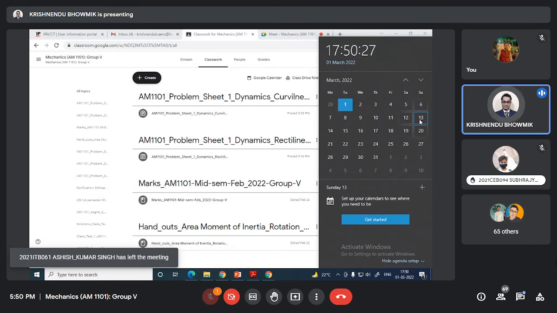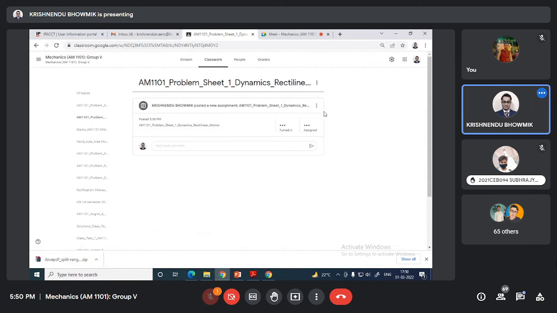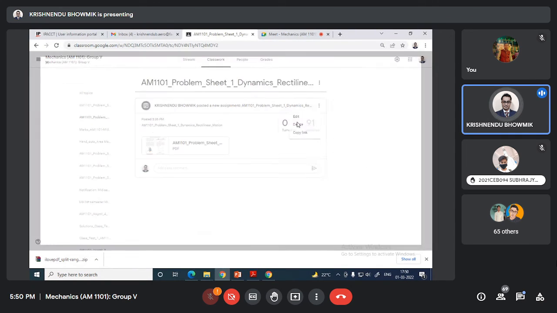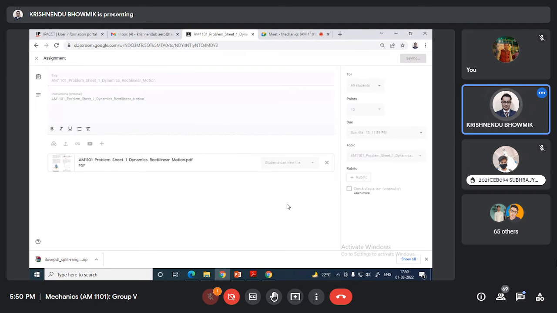Understood? This way also you can plan. Now coming back, the time I told was 13, correct? I'll give it here, edit due date, 13. This is rectilinear motion.